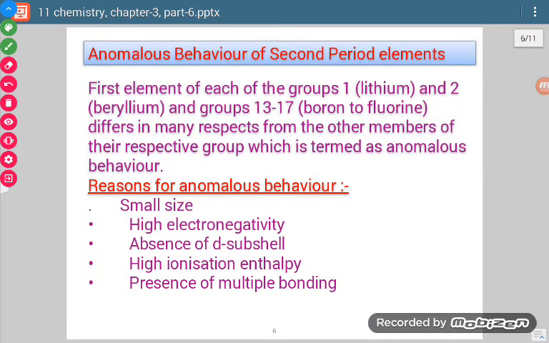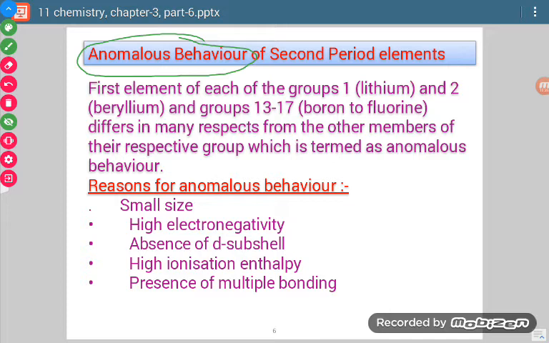Now one more thing comes, it is anomalous behavior. Okay, so in general we are asked that first element of each group, it is in case of representative elements, S block and P block. Okay, they show some properties which will be different from other group members.